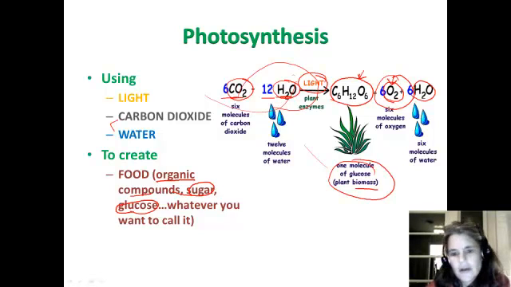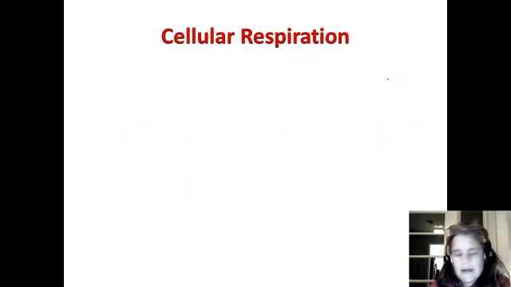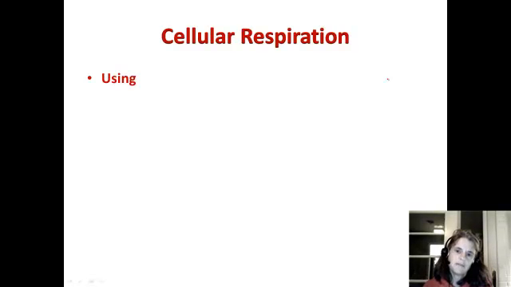Okay, so what is photosynthesis? What is cellular respiration then? Okay, cellular respiration is the fundamental flip-flop of that photosynthesis equation. Almost exactly.